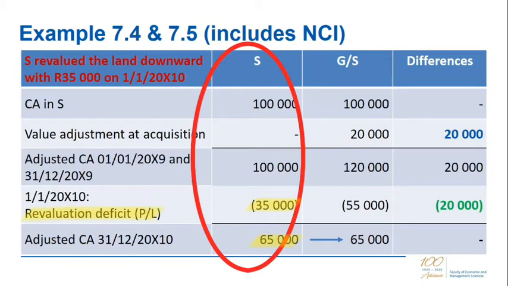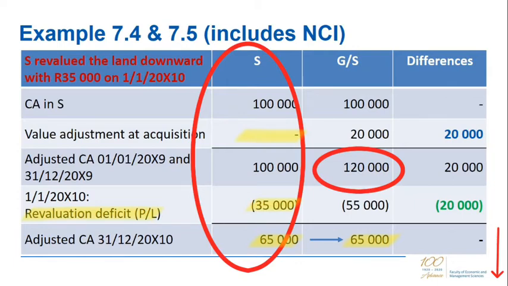The moment the subsidiary revalued the asset since acquisition date, that is also the correct value of the asset for group statement purposes, and no further differences will be applicable. But because the subsidiary didn't value adjust at acquisition date for the 20,000 Rand, the carrying amount of this land is 120,000 Rand for group statement purposes.